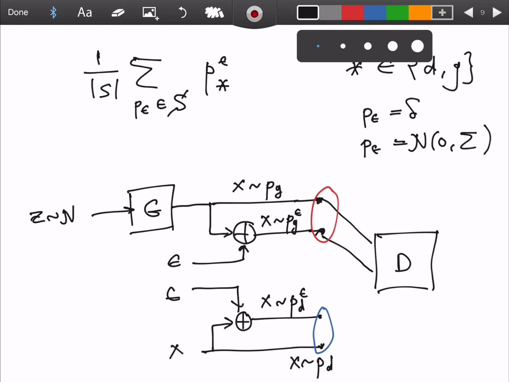Now the question is, of course, will this guarantee that, at least if you are able to find the global minimum of this Jensen-Shannon divergence, so if it is 0, does it guarantee that what you generated is equal to the data distribution, right?